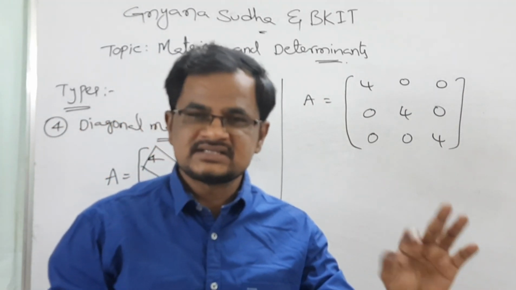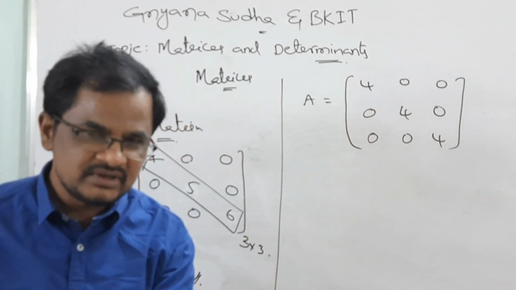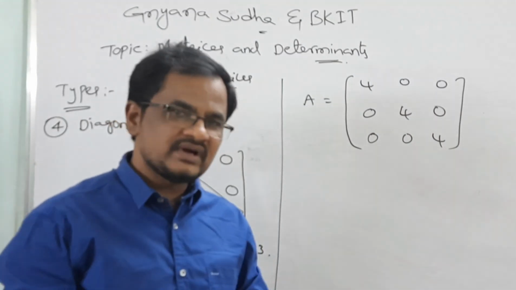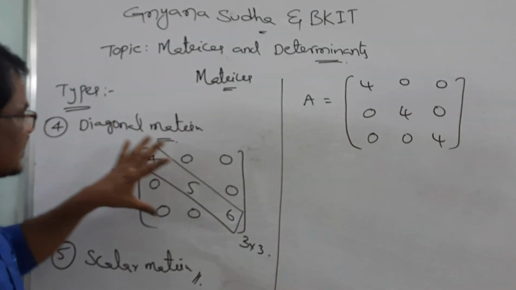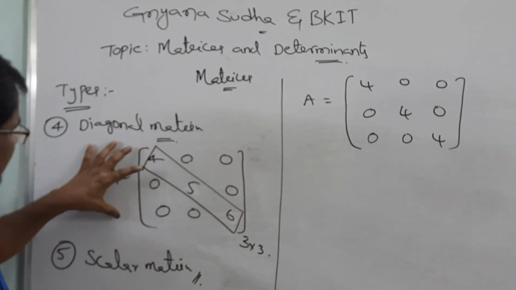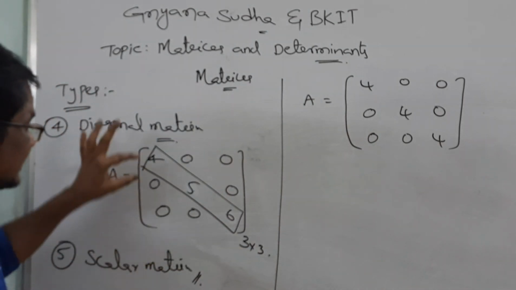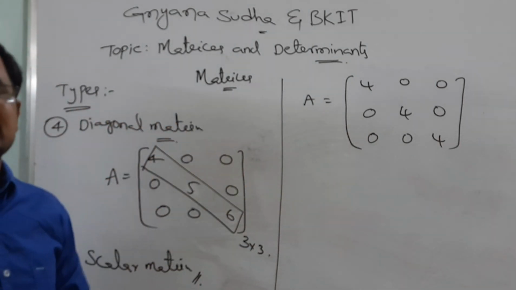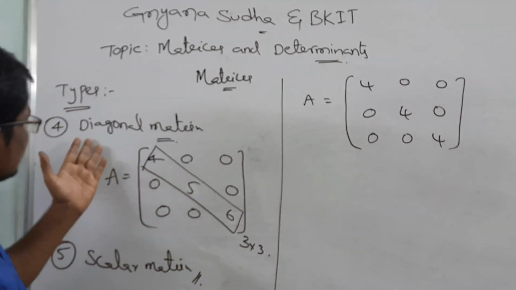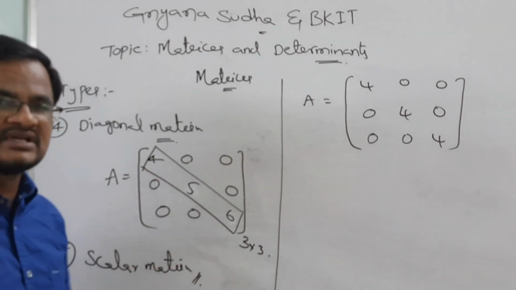A square matrix is said to be a scalar matrix if its principal diagonal elements are the same and the non-principal diagonal elements are 0. Or, a diagonal matrix is said to be a scalar matrix if its diagonal elements are the same. No need to discuss the non-principal diagonal elements, because in a diagonal matrix they are already 0.